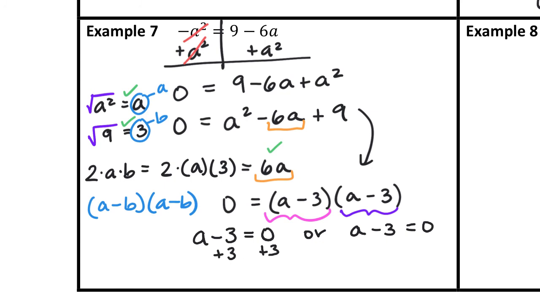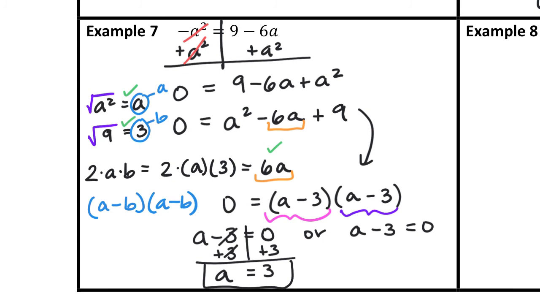Plus 3, I get a equals 3. Of course, these cancel. So I get one solution here, because if I solve this one, I'll also get a equals 3. So this is my solution.